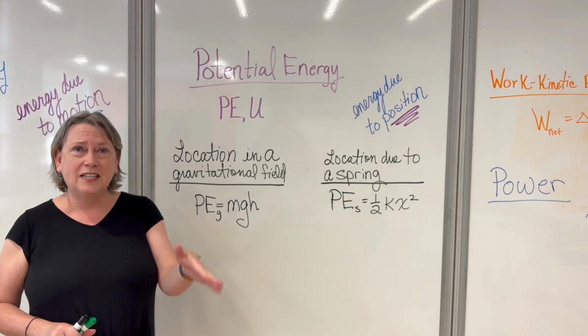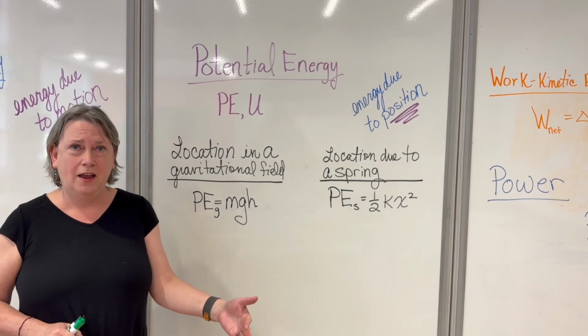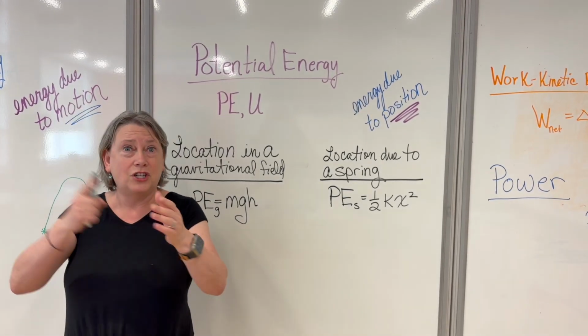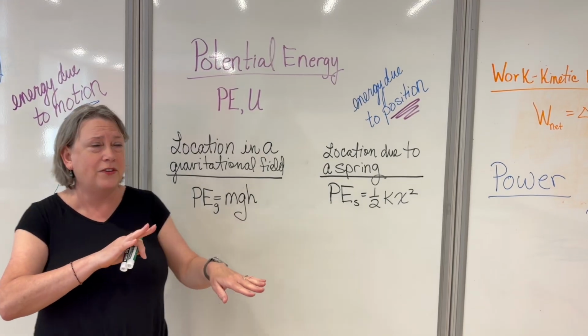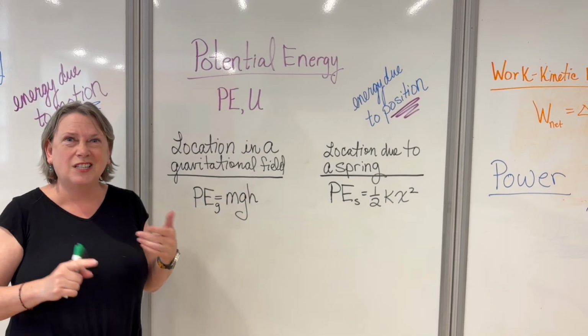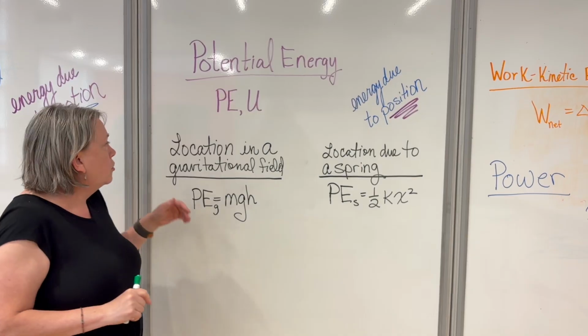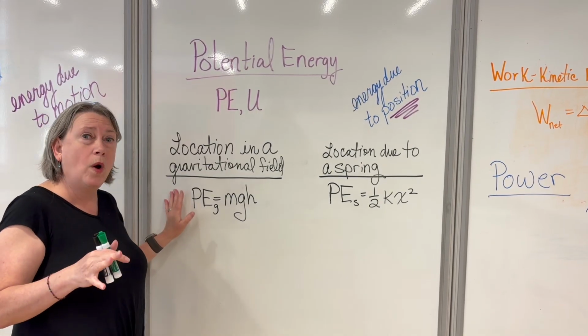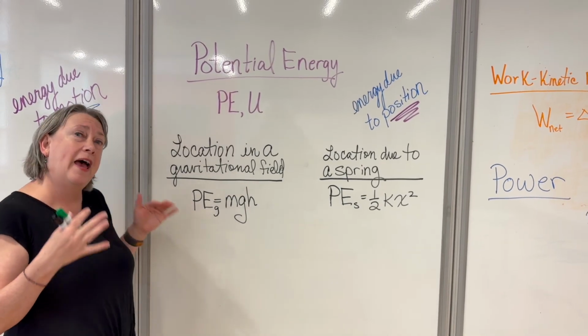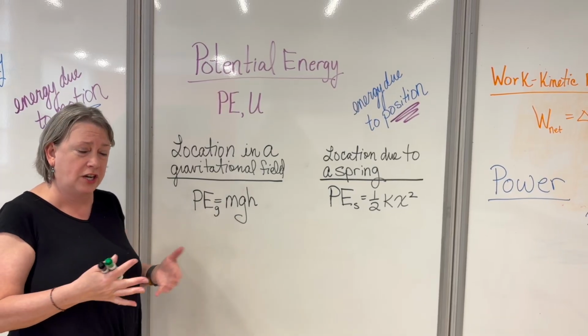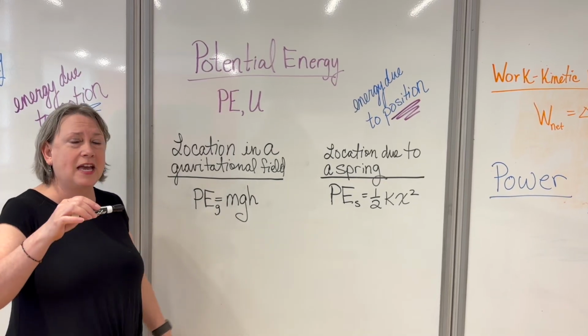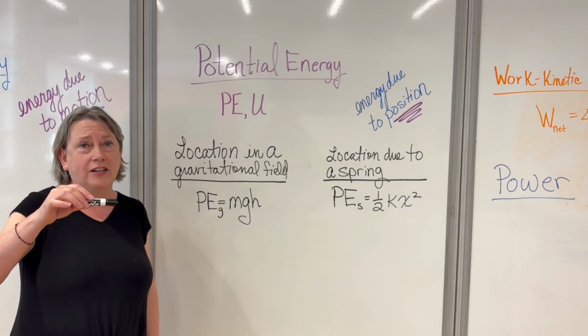Potential energy is energy due to position. And while kinetic energy was always going to be 1/2 mv squared, potential energy is going to depend. So one way that we can have energy due to position is if something has position in the gravitational field.